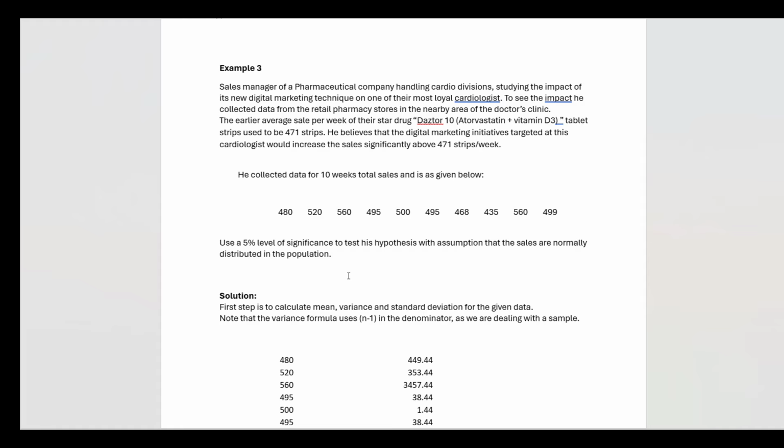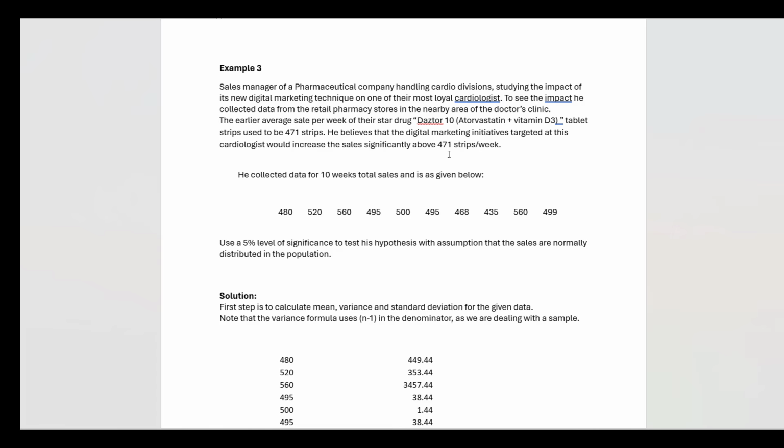So he collected 10 weeks data, and this is the data. Use 5% level of significance to test his hypothesis with assumption that the sales are normally distributed in the population. So what he believes is that the sales has increased for more than 471.